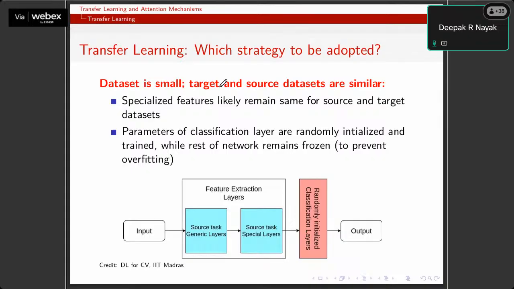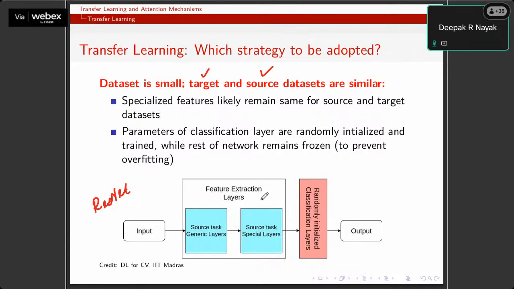Again, let's say you want to use ResNet or any network, or AlexNet, to solve the task. What we know is that ResNet in the initial layers gives generic features, and in the later layers it gives specific features. The generic features are the same with respect to all kinds of images, and even the specialized features are going to be the same if the source and target datasets are similar.